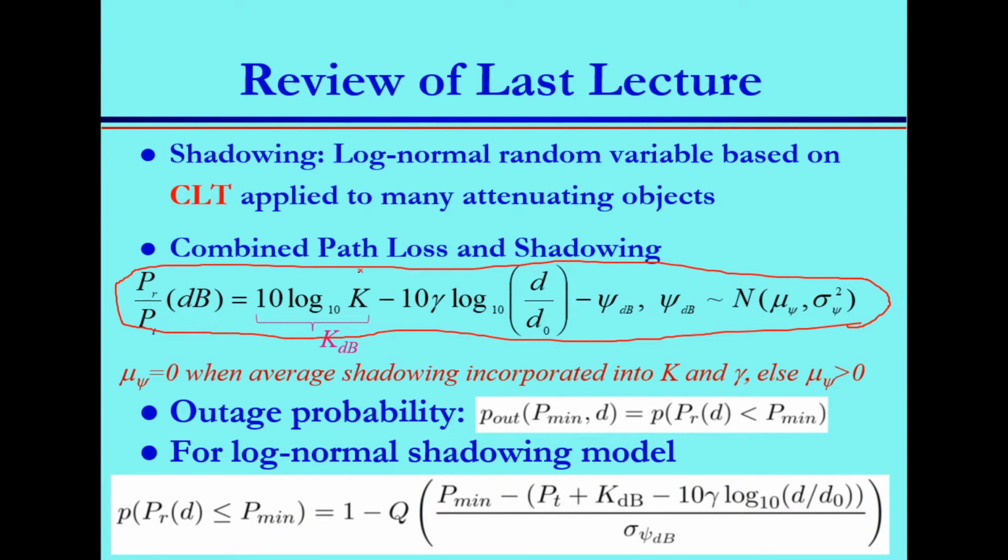Now, after you get the model, you can find the outage probability, and we said the outage probability is the probability that your received signal falls below a certain threshold, and this threshold is the point at which you can decode your signal successfully. If your signal falls below that, you cannot decode, and we describe the situation as outage.